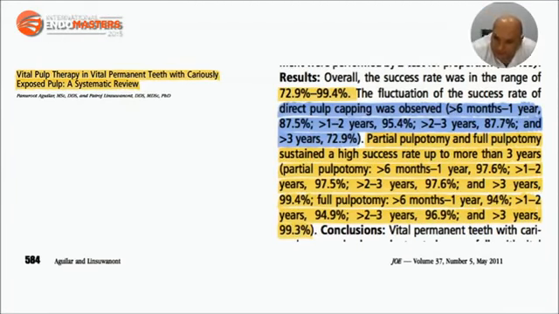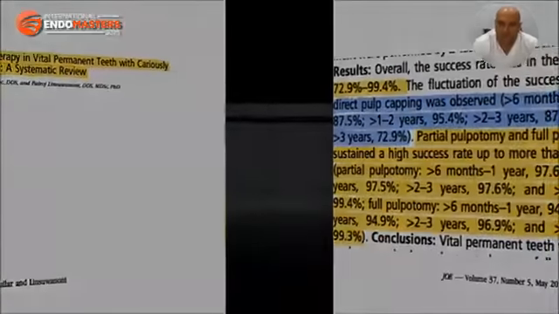Moreover, in this recent systematic review, vital pulp therapy presented a success rate between 72.9 and 99.4% up to more than 3 years. Partial pulpotomy sustained a high success rate of 97.5%, or 94.9% for full pulpotomy.